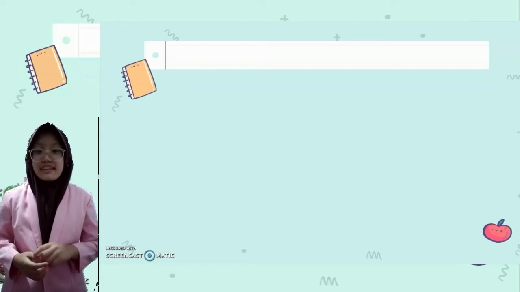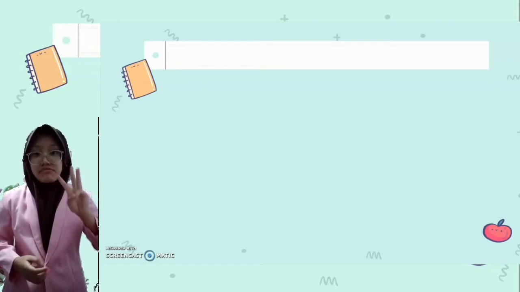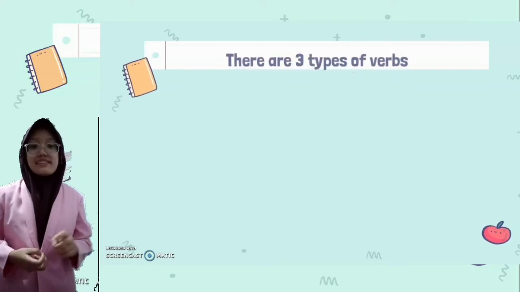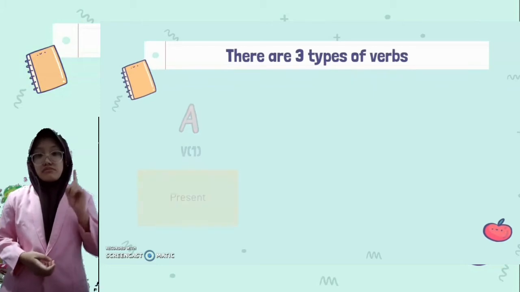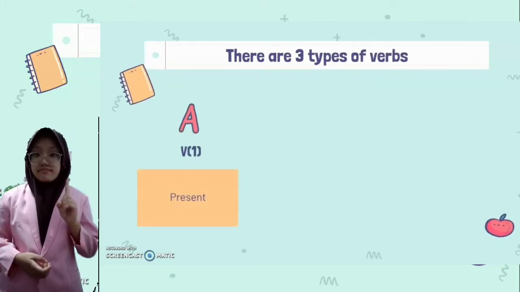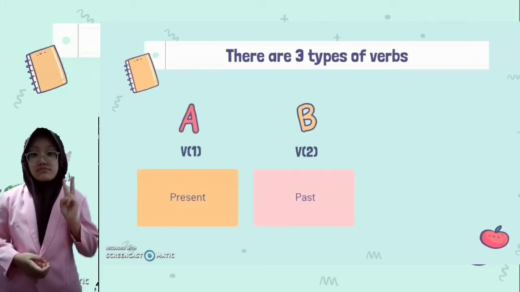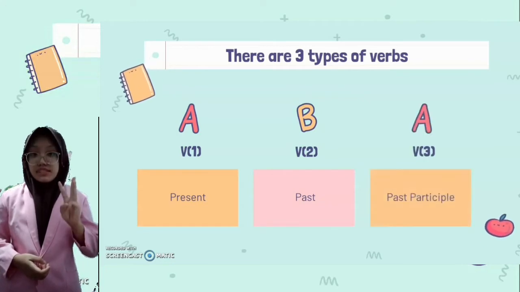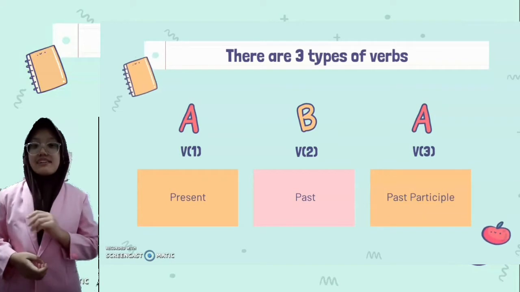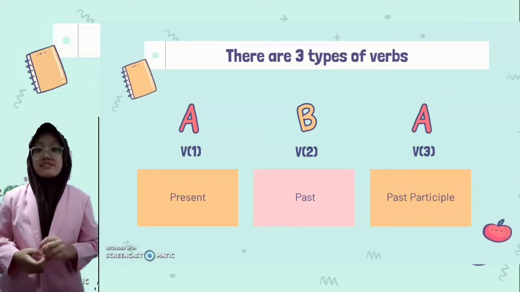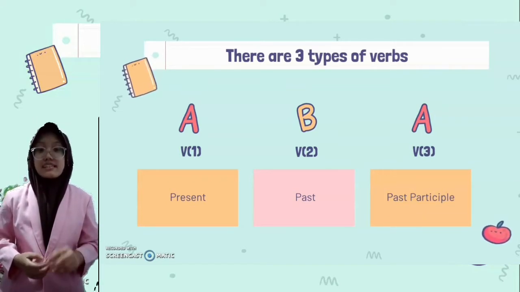Remember, the verb is the third form verb. Okay, here there are three types of verbs. Verb 1 is present, verb 2 is past, and verb 3 is past participle. So the type of verb we use for passive voice is verb 3.